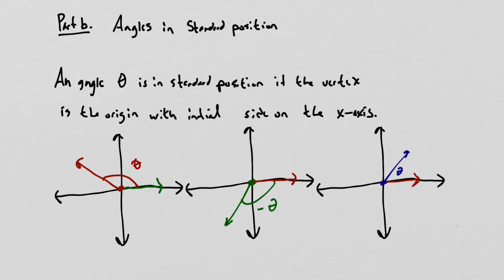Now, we'll define coterminal angles. The idea behind a coterminal angle is that two angles are coterminal if their rays lie in the same position, but they differ by some complete circumference around the circle.